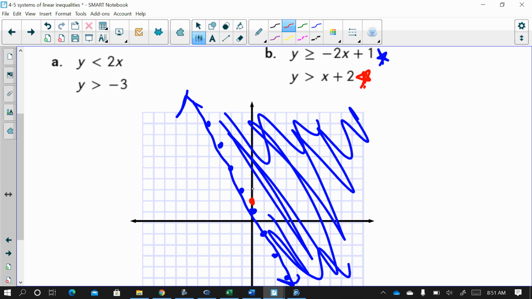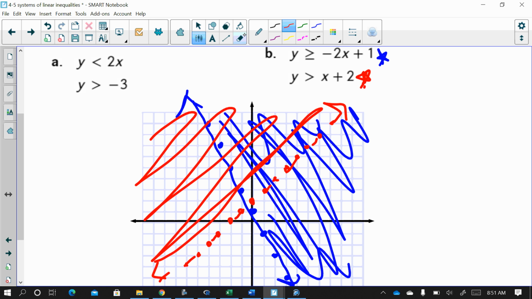Slope of 1, so up 1, right 1, or we can go down 1, left 1. We're not equal to, so this is going to be a dashed line. I'm greater than, so I shade above. Again, looking for that double shade, which is this area right here.